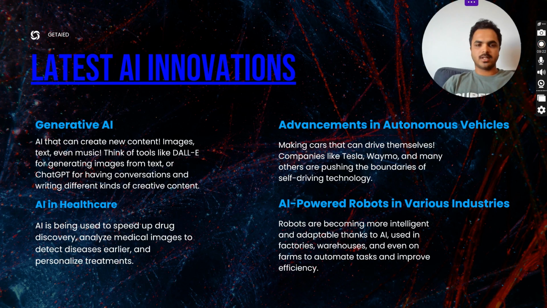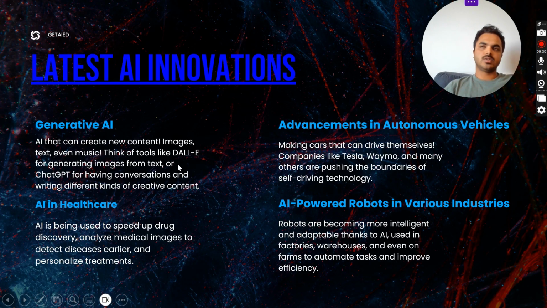Some latest AI innovations. We all know what all of this is, but I'll go to the basics of it. Generative AI is basically when it can create new content, images, videos, or text. Some examples are ChatGPT, DALL-E, Midjourney. These are generative AI models.